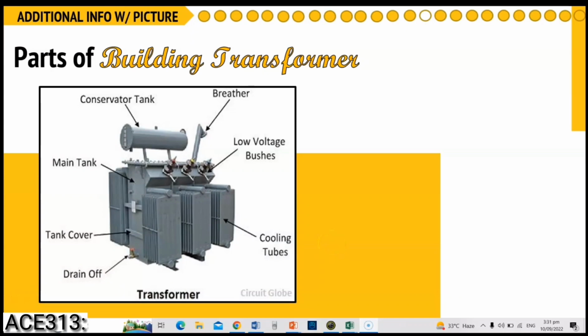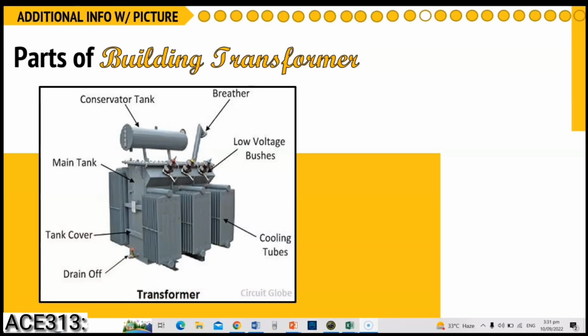So the core of a building transformer is what the winding is mounted on. And the winding is a part of the transformer that acts to transfer electrical energy from one circuit to another.